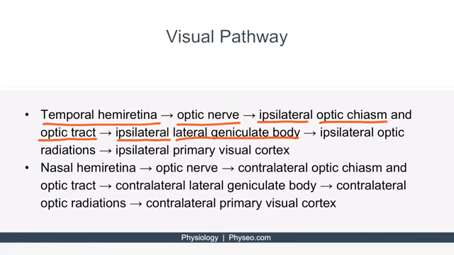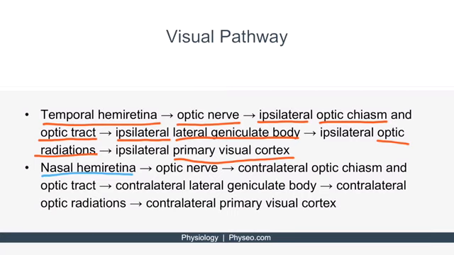From there, the fibers go through the optic radiations, including the dorsal optic radiations as well as Meyer's loop, which is also called the lateral optic radiations, and then to the primary visual cortex in the occipital lobe.